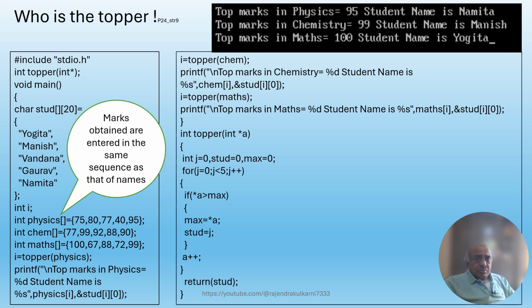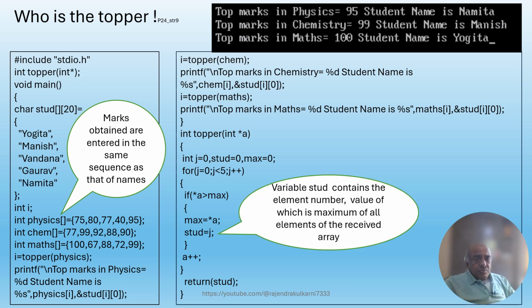In maths, max marks is equal to 100. Student name is Yogita. So 100 is the 0th element of the array maths, and the 0th element also corresponds to the name Yogita of the 2D array of strings stud.